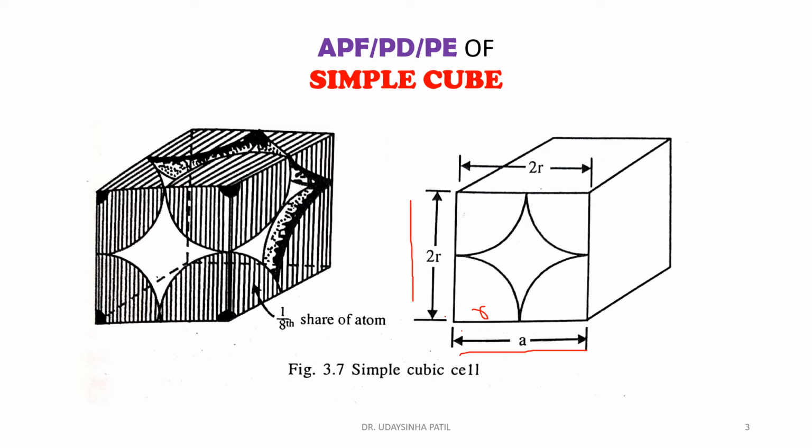For the simple cube, A is equal to B and B is equal to C, and C is also equal to A. Therefore, the volume of the simple cube unit cell is A times A times A, that is A cubed, and A is always equal to 2r. Why is it 2r? Because it is r plus r.